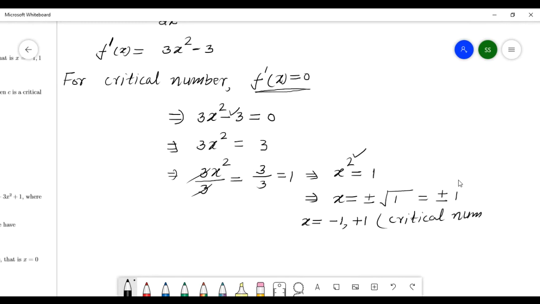Critical numbers. Okay, so these 2 points are critical numbers, −1 and +1, right? So this way you will find critical numbers.